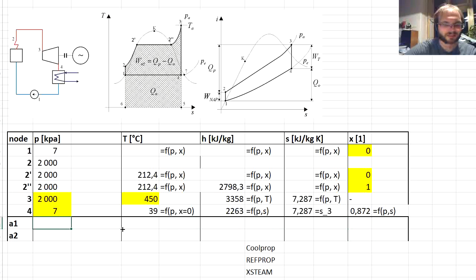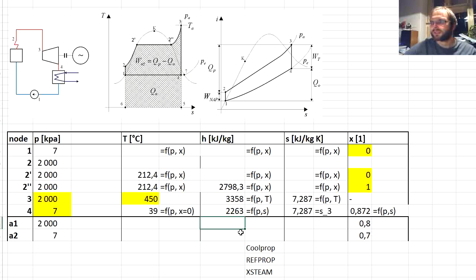where the first point to help us was at 2 megapascals and at the specified quality of 80%. And the second point was at the low pressure of 7 kilopascals and at the specified quality of 70%.